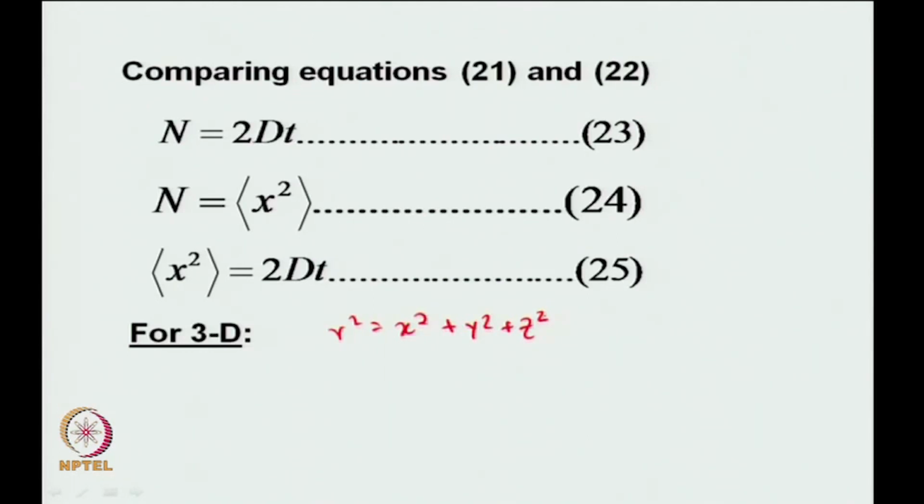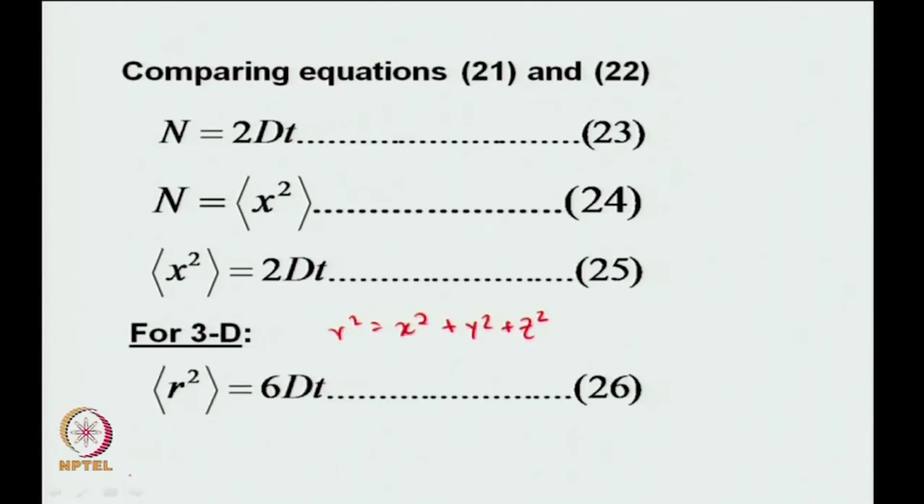Now, we know that the average of x squared is equal to 2Dt, the average of y squared would be 2Dt, and the average of z squared will also be 2Dt, right. So, then the average of r squared, since this is 3D you are talking about, would be 6Dt. So, this is what you have here: the average of r squared is equal to 6Dt.